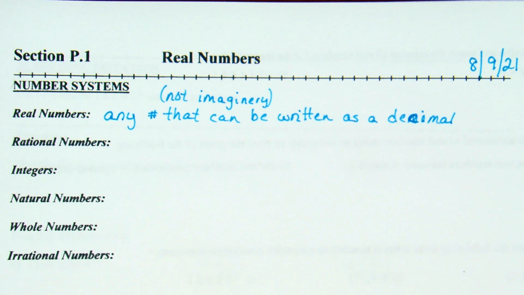So, okay, real numbers. Everything we work with with the exception of imaginary numbers. Up until last year, it was everything you knew. Okay, rational numbers. Remember the definition of rational?